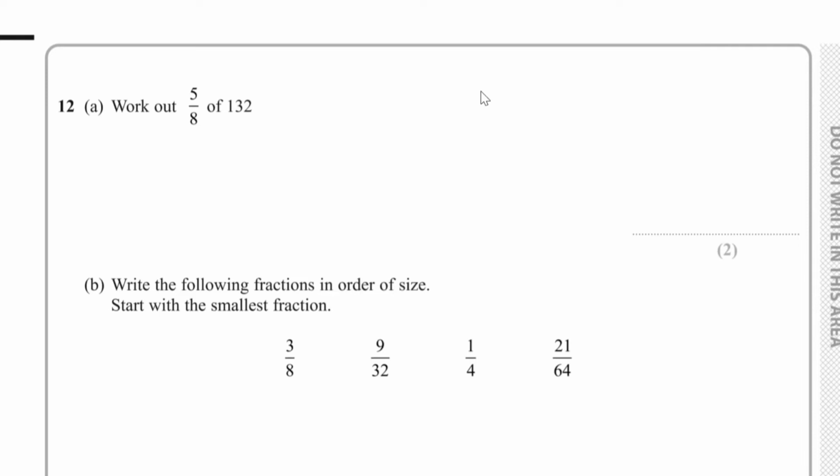Question number 12. For part A, we have to work out 5/8 of 132. So we have 5/8 multiplied by 132.